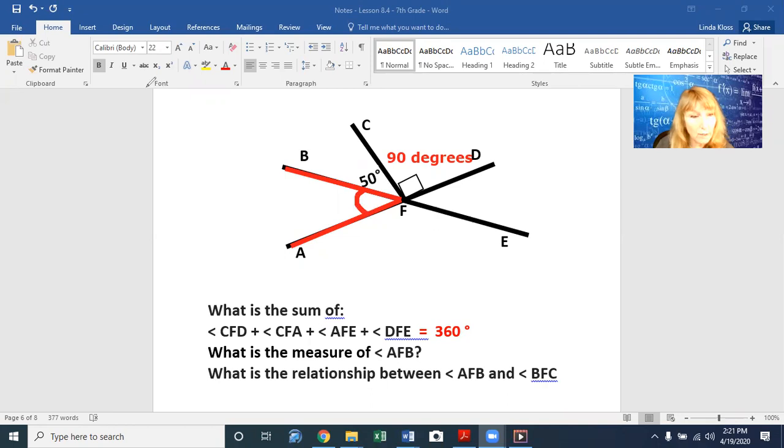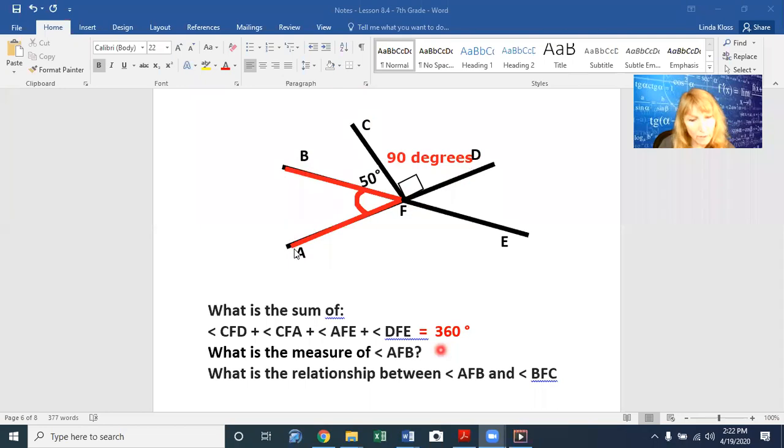Well, if you notice, don't we have a line right here? So we know that the sum of all of these three angles has to equal 180 degrees. So out of the 180 that we need, we know one of them is 90 and one of them is 50. What does this have to be?